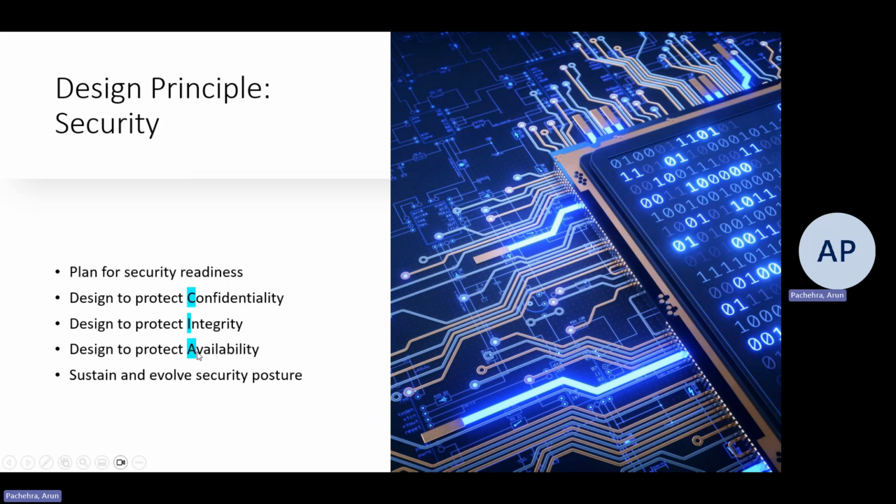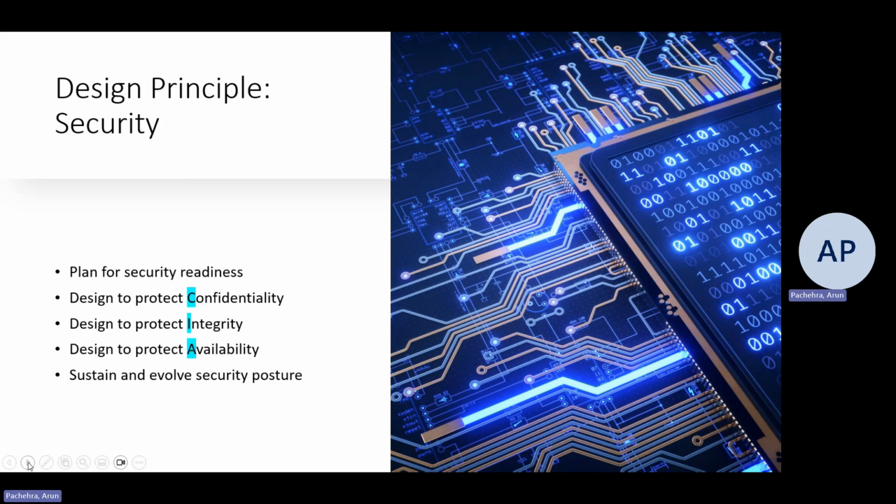And these principles cover these things because we've got to design for CIA. And these are the continuously evolving security readiness, which is quite basic and foundational. So let's start with design principle number 1, plan for security readiness.